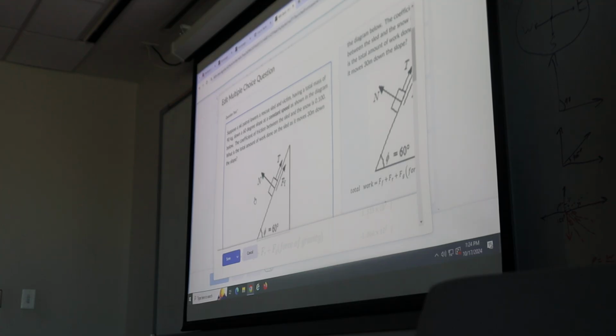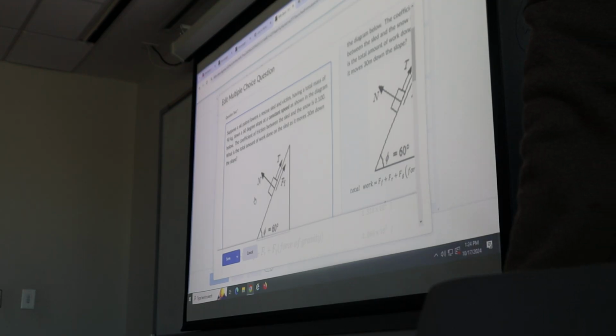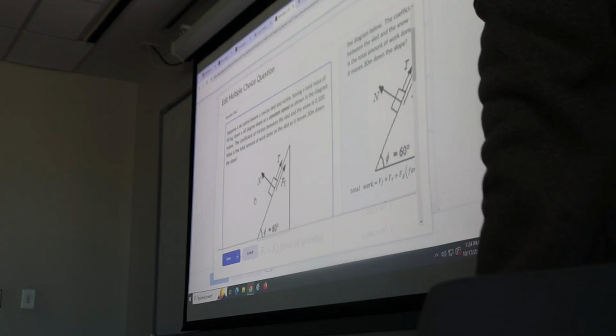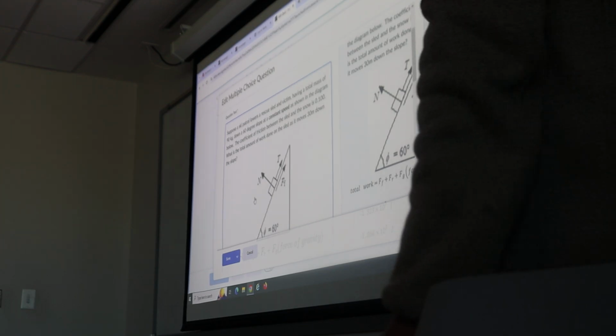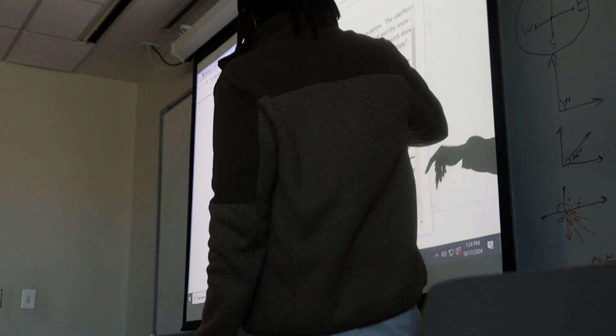And then we know they tell us total work is the force of friction plus the force of the rope. What's that R? Where's the R? This part right here. Oh, okay. So R. What does it say?